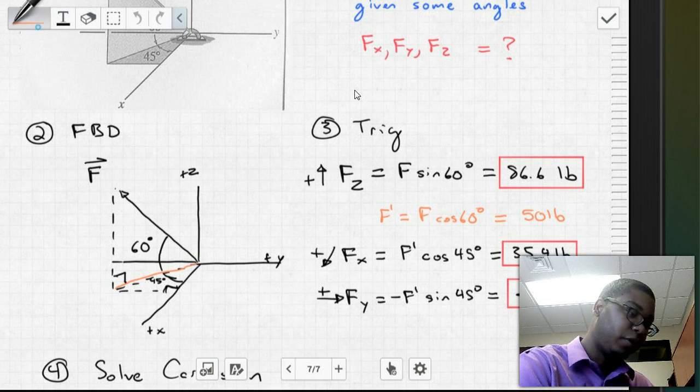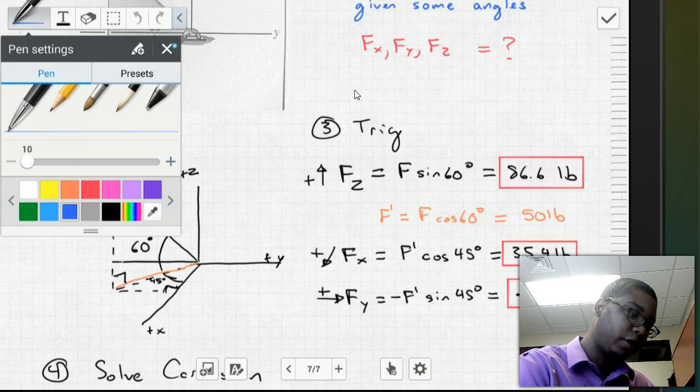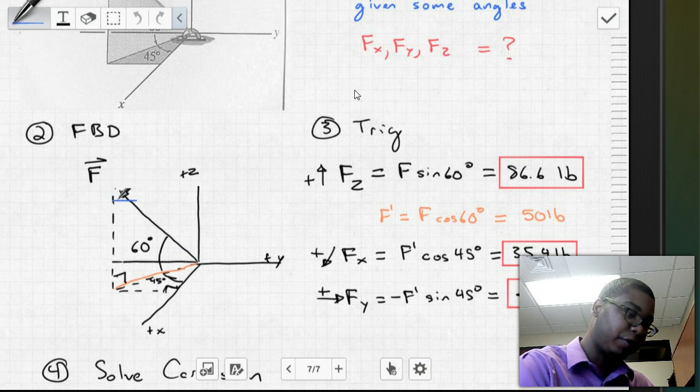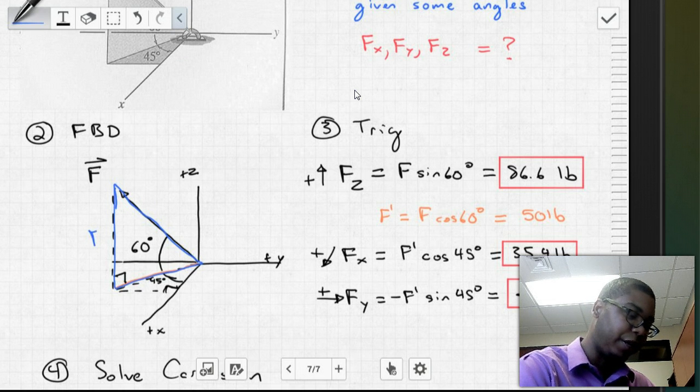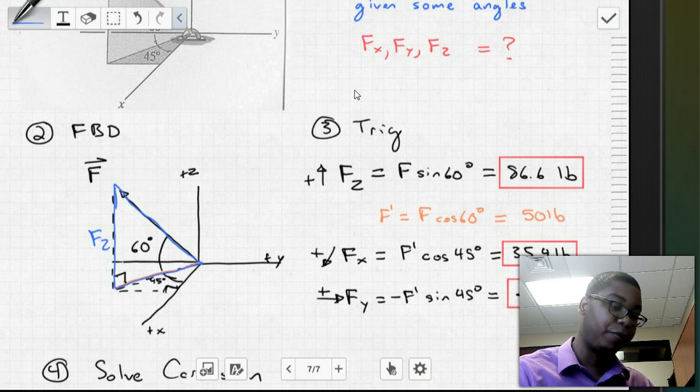Very quickly, if we look at our force vector and we've crafted this triangle, it's clear that we have a right triangle where we have the projected line on the xy plane, and we have a component here which should be the Fz component of the force vector.